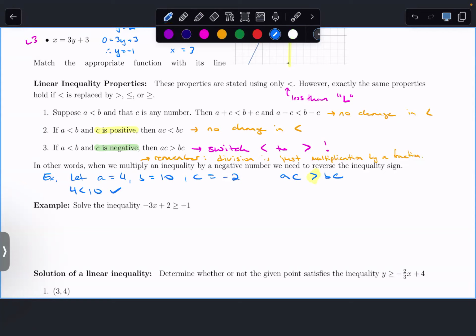And so now I have 4 times -2 should be greater than 10 times -2. -8 is greater than -20. Think about a number line, right? On a number line, we have 0 over here. I've got -8 and I've got -20. -8 is larger than -20. Negatives are weird though.